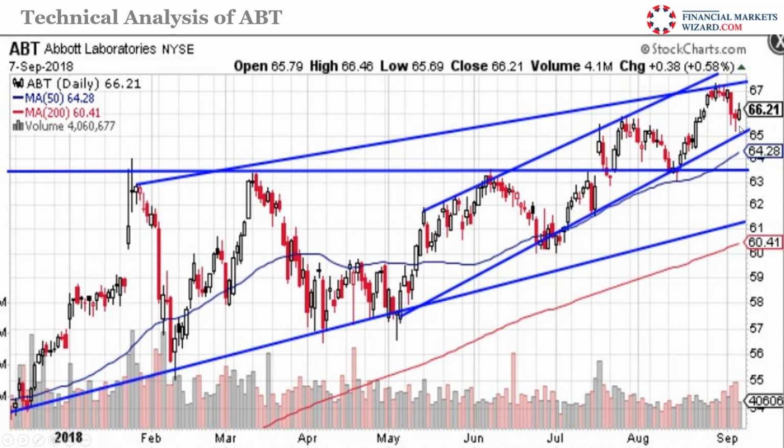If I see the setup is familiar, I will visualize that it will go towards 67, maybe break the 67, 68 level, and go to the moon. On the downside, I can visualize that this is my support, 65, and I have 64.28 support also, the 50-day moving average.